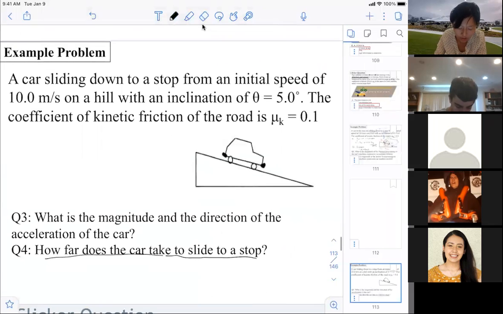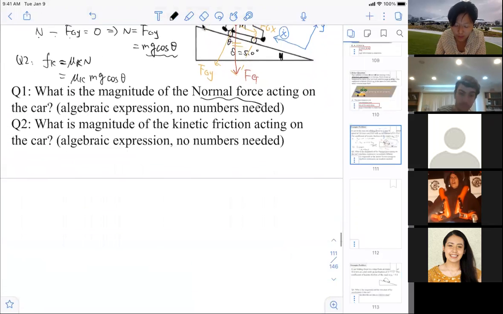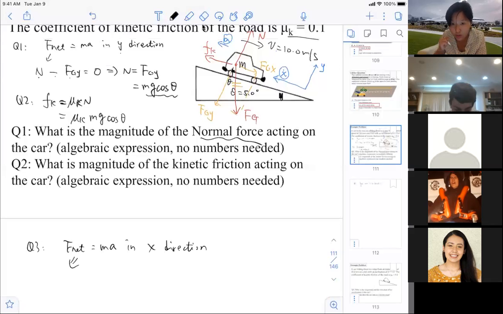And the third question is, what is the magnitude and direction of the acceleration of the car? That is asking for acceleration in the x direction. So let me go back and refer to my picture here. To find the acceleration, we need to set up Newton's second law in the x direction. All the forces in the x direction, there are really just two forces.